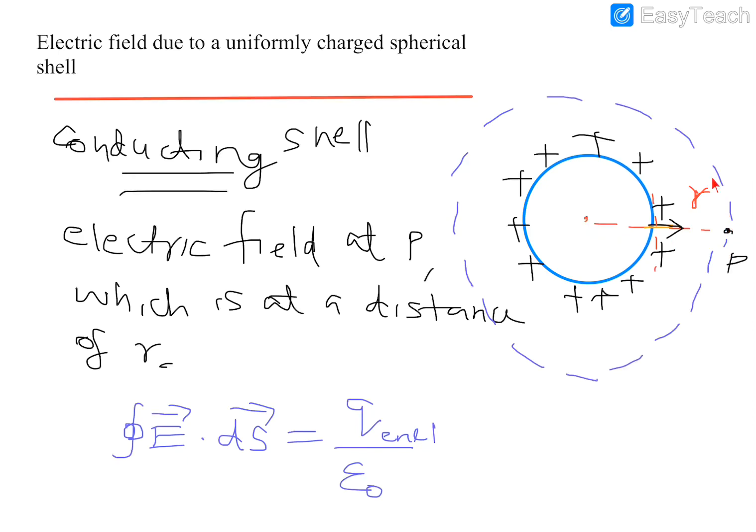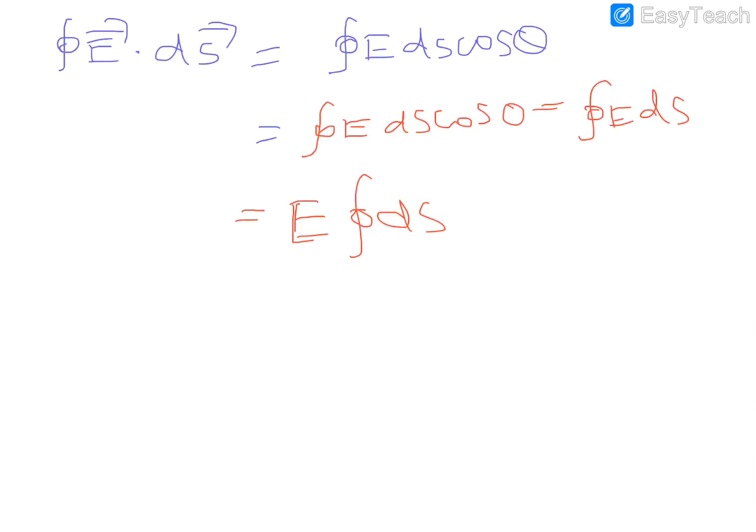If you add all the small ds, if you consider a small ds, another small ds, and like that add them, you will get the total surface area of your sphere, isn't it? What is the total surface area of this sphere? The surface area of a sphere is 4 pi into radius squared. Here it is 4 pi into small r squared. So you will get it as E into 4 pi r squared.